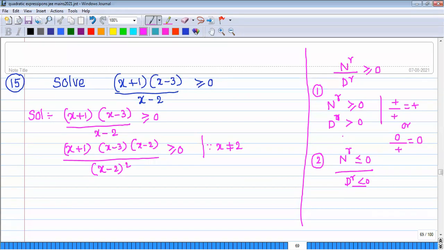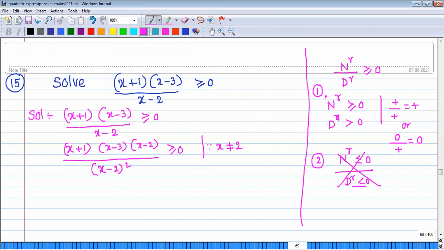It should be greater than 0 itself only because it's a perfect square. So this condition will not always hold good. Only this condition follows: the numerator will be greater than or equal to 0, since the denominator is always positive.